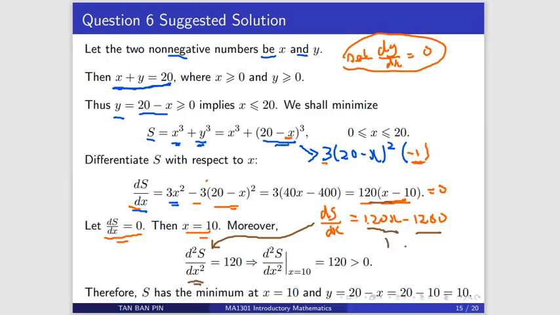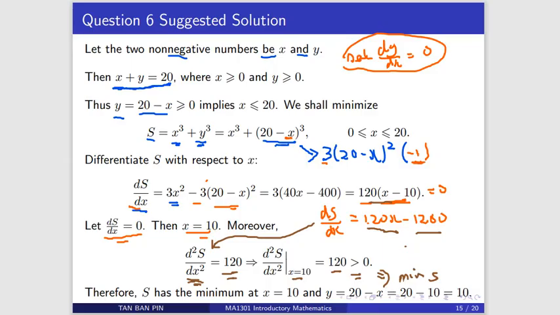Differentiate 120x to give 120, which means d2S/dx squared is 120. So when x is 10, it's still 120 because it does not depend on x. So with that, you see d2S/dx squared is positive. Positive will imply a minimum point, which implies minimum S.